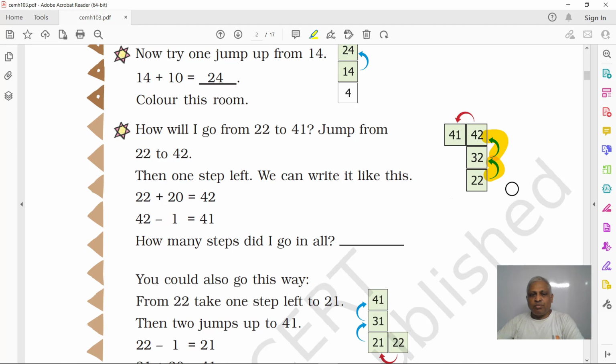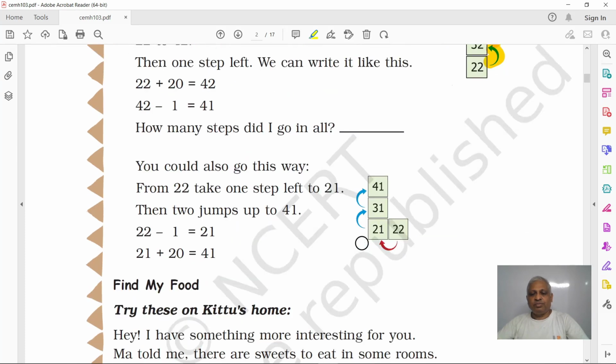So total from 22 to 41, how many steps did I go in all? It will be 41 minus 22. It will be 19 steps. 19 blocks or rooms you can call.